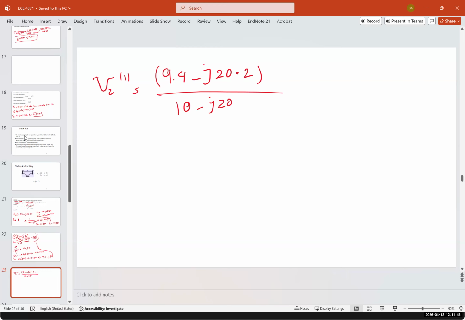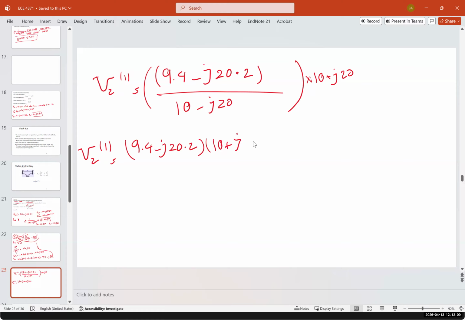What we can do is multiply both the numerator and the denominator by 10 plus j20. V2(1) gives us 9.4 minus j20.2 times 10 plus j20 over 10 to the power of 2 plus 20 to the power of 2, which is 500.